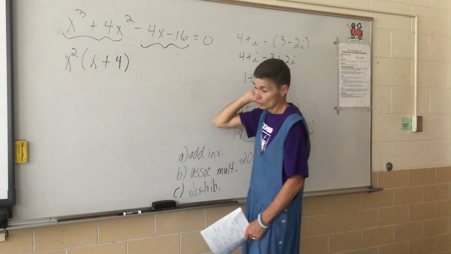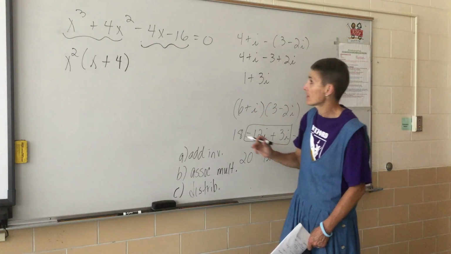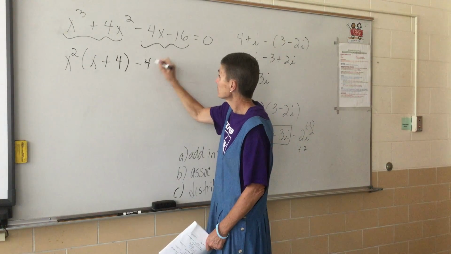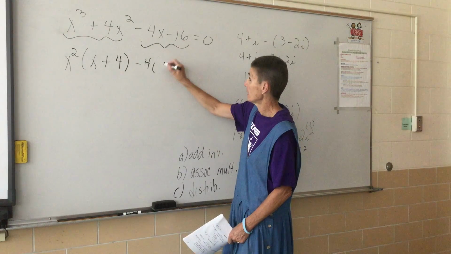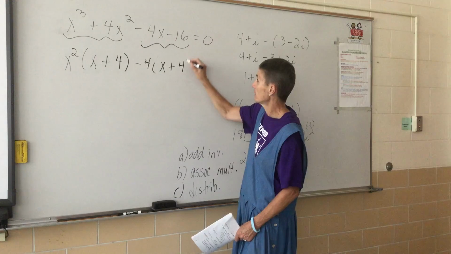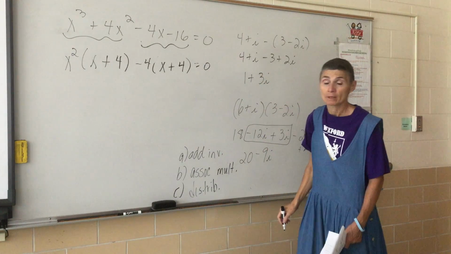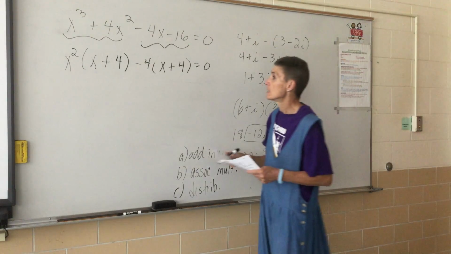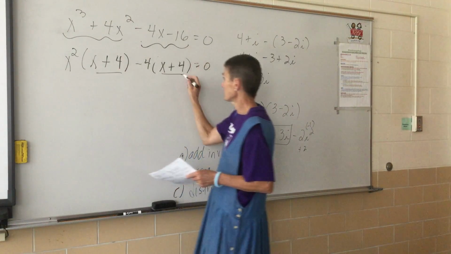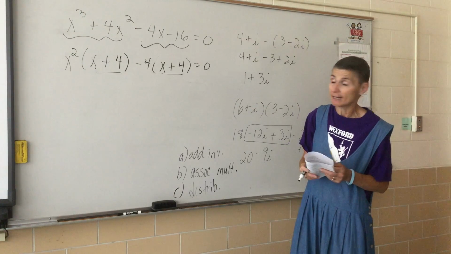Now look at the last two terms. What can we take out of them? Negative 4. Now remember, you took out a negative 4, so you'll be left with a positive x and a positive 4. If factoring by grouping is going to work, you have to end up with the same parentheses, and we did.